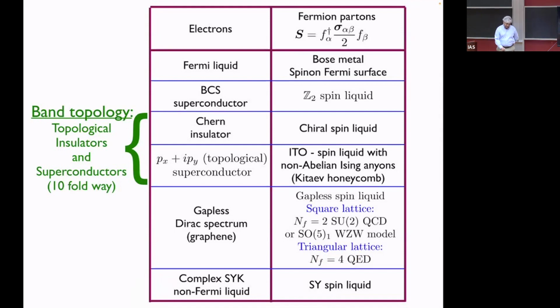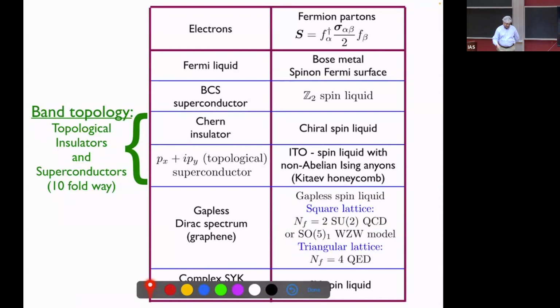And if you do it in the square lattice, you get an SU2 gauge theory, not U1, and that's something we can talk about, with 2 flavors of massless Dirac fermions. And this can also be rewritten as the SU2 level 1, SO5 level 1, Wess-Zumino-Witten model.